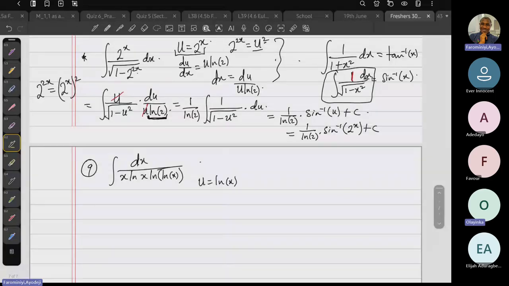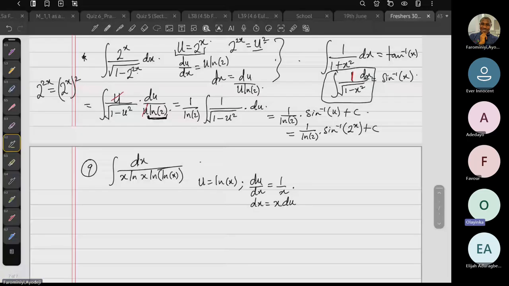So then what is du dx? The du dx is 1 over x, right? Then it means dx is equal to x du. Is this one clear?